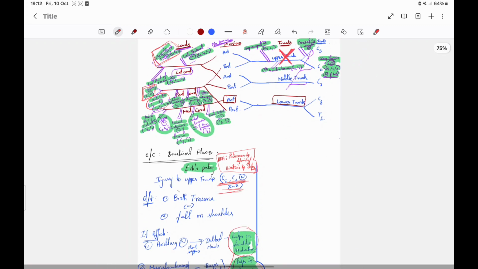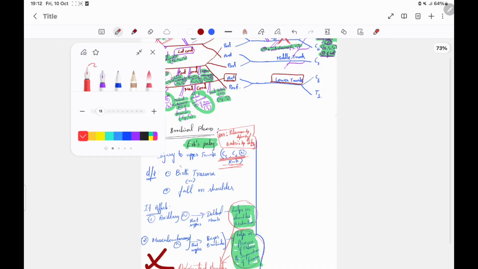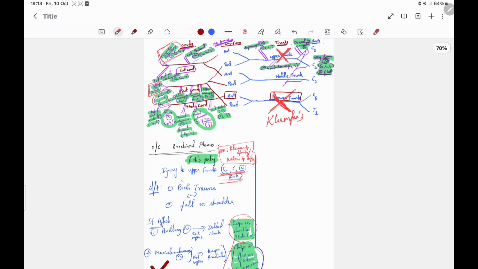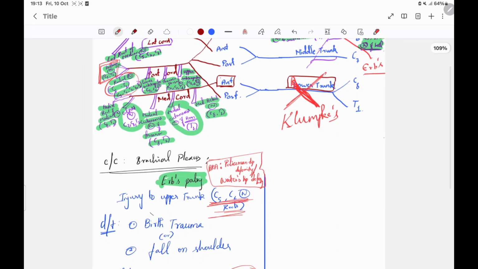So let's learn what happens if it affects the lower trunk. Lower trunk injury means Klumpke's paralysis. This is Erb's and this is Klumpke's.